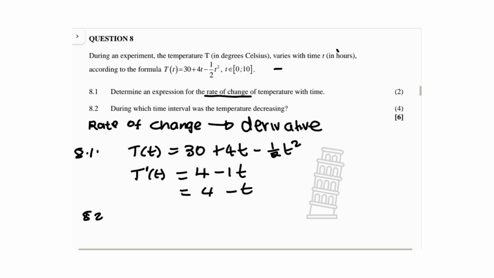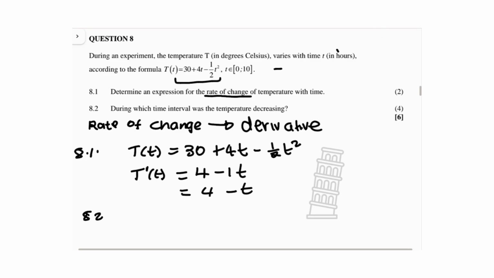8.2: during which time interval was the temperature decreasing? When I see decreasing, I'm thinking in terms of a parabola, because we have a quadratic equation.